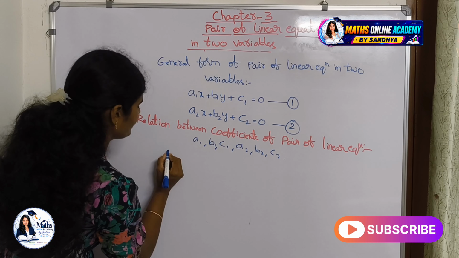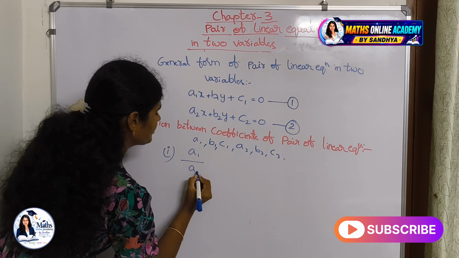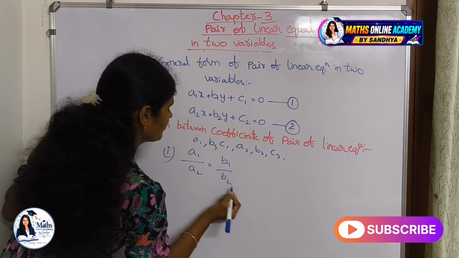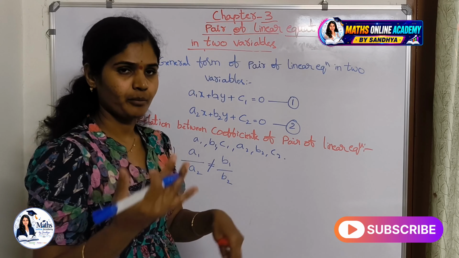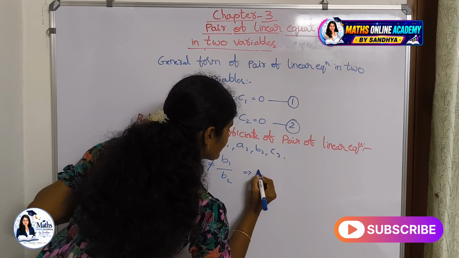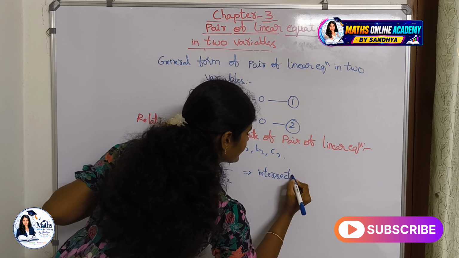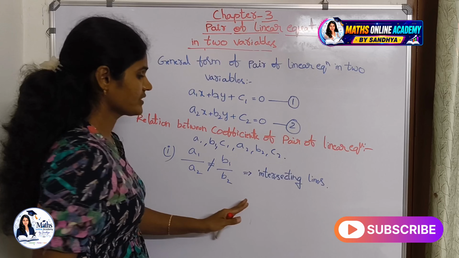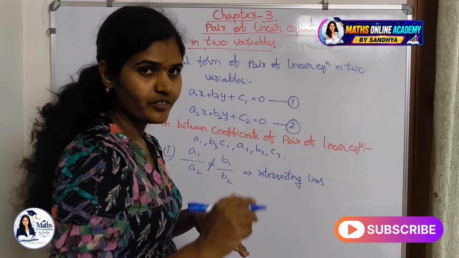Okay, for example, first a1 by a2 equal to b1 by b2. For example, if these two are not equal, what happens in the graph? Those are intersecting lines. Intersecting lines means that it has only one solution.